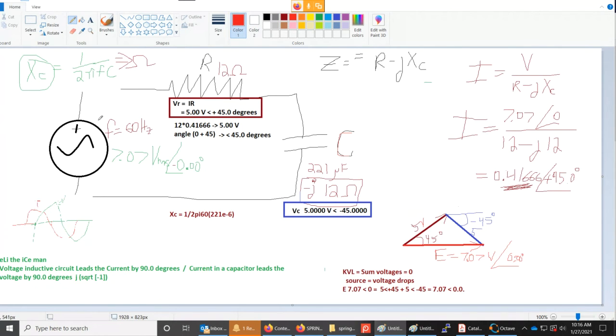So it's going up. And so when we add VR plus VC, we end up with E. And this verifies Kirchhoff's voltage law. We talked about Kirchhoff's voltage law in DC, and now we're talking about it in AC.